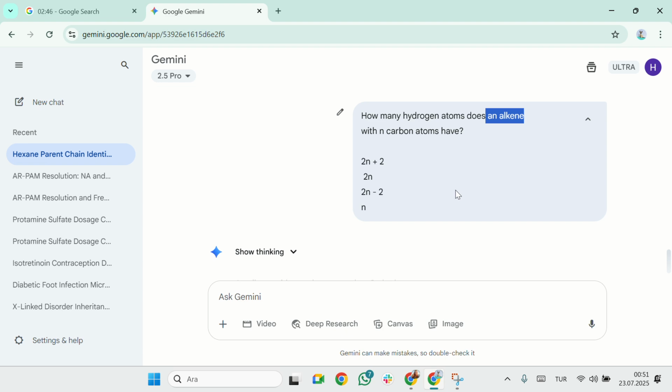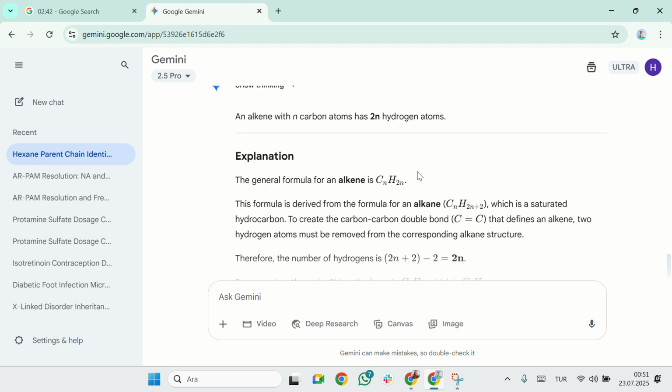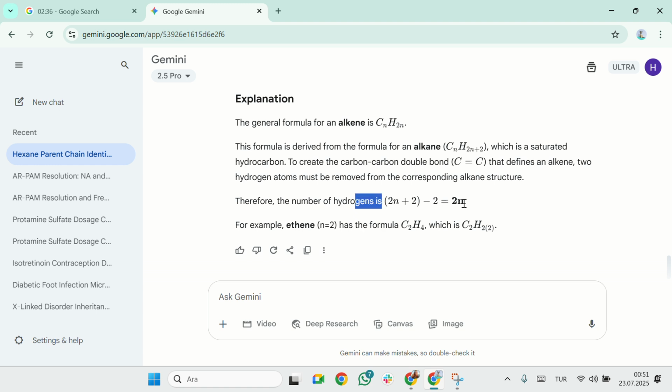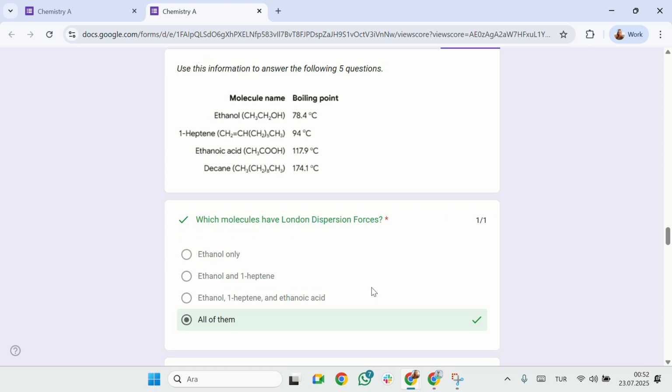Alkene with N carbon atoms, so the number of hydrogen atoms. Oh, okay. This has a double bond. So alkane has a single bond and alkene has a double bond. I get it. Okay, that makes sense to me.